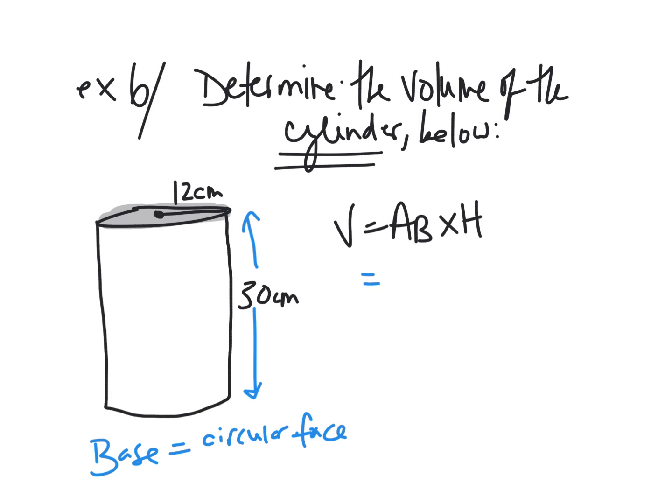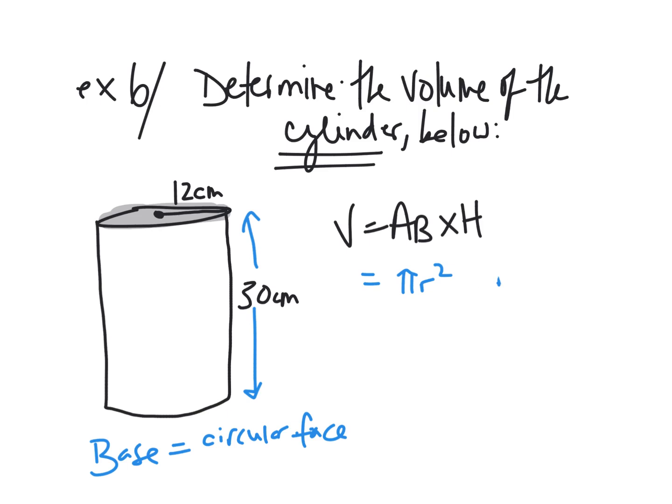Take a second and consult your local formula sheet, and you'll see it is pi r squared. Don't confuse this with surface area. We don't have to multiply it by 2 because we really just need it once, to give us that 2-dimensional area on the end, and then we're going to multiply it by the 3rd dimension of height. So it's really going to end up being pi r squared times height.